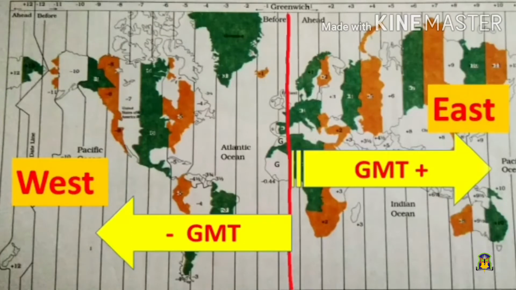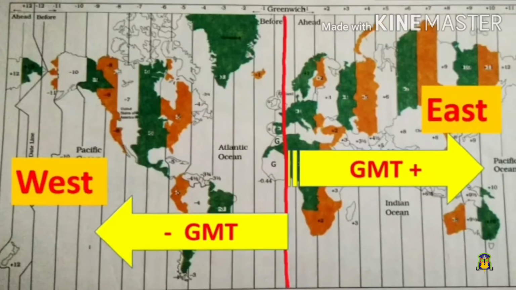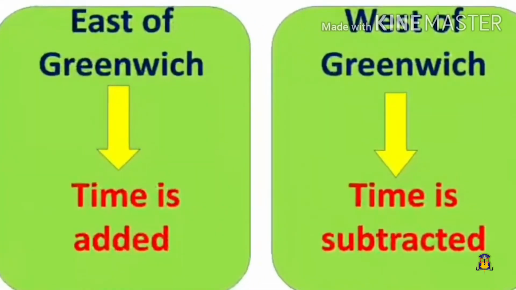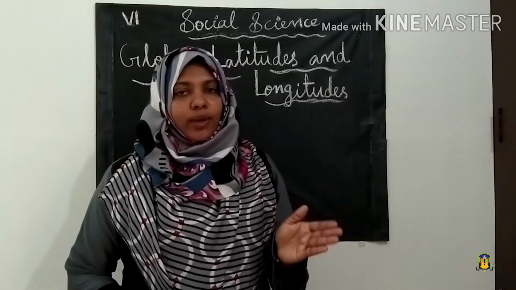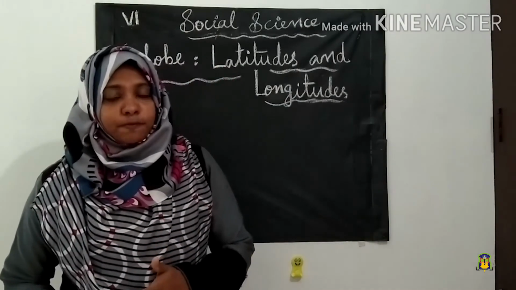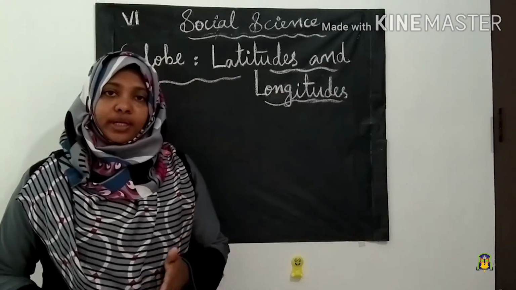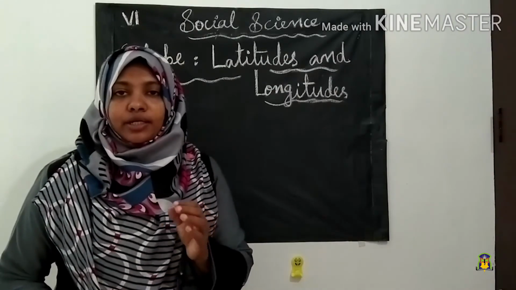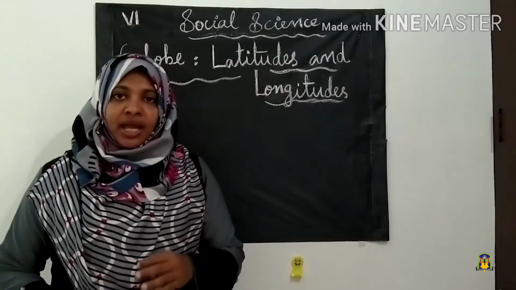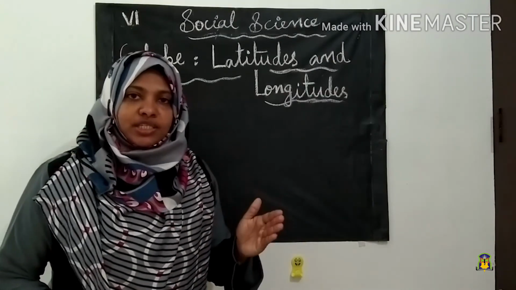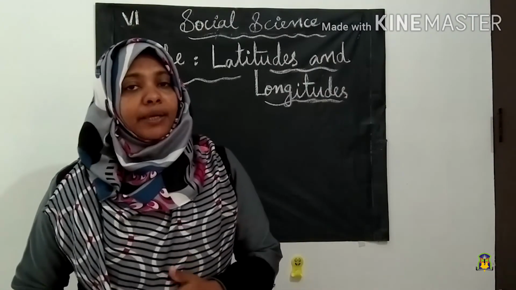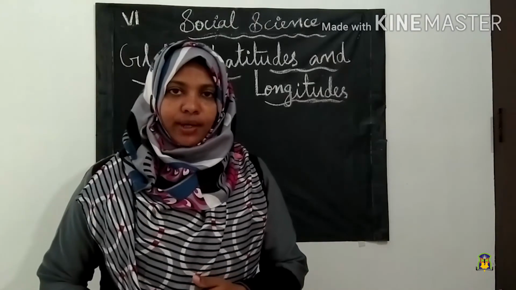So going to east of Greenwich, time is added, and going to west of Greenwich, time is subtracted. As the earth rotates from west to east, those places east of Greenwich will be ahead of Greenwich time, and those places west of Greenwich will be behind Greenwich time.